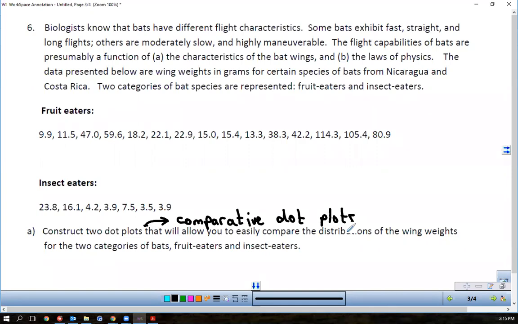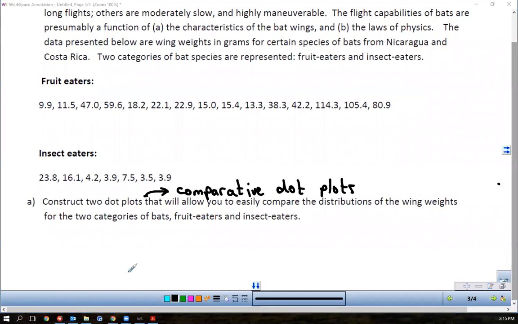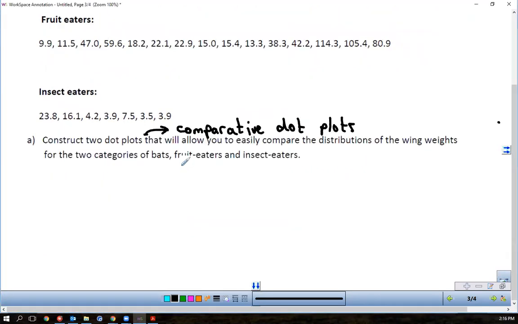So let's just get started. We're going to have to do 2 plots here. One for fruit eaters, one for insect eaters. But they all are going to be under the same title, wing weight of bat.